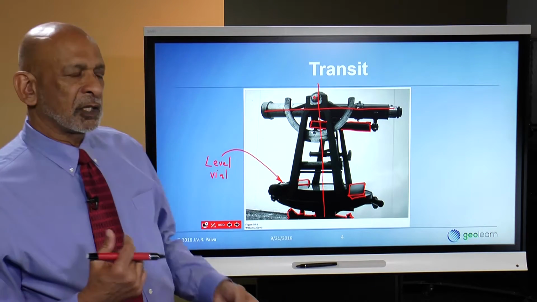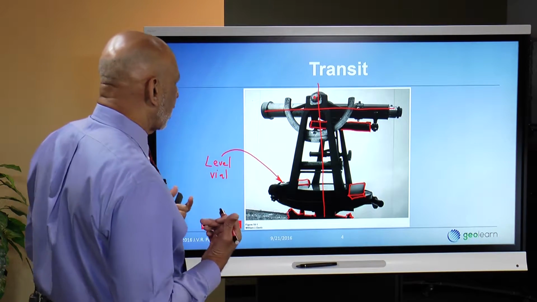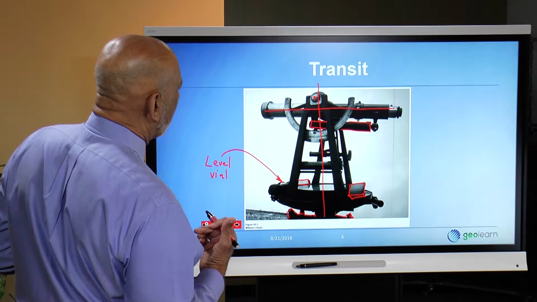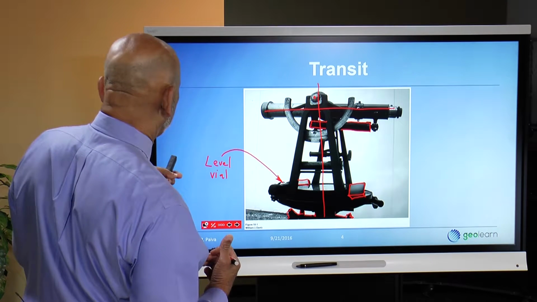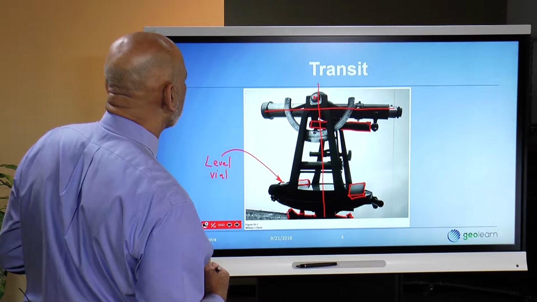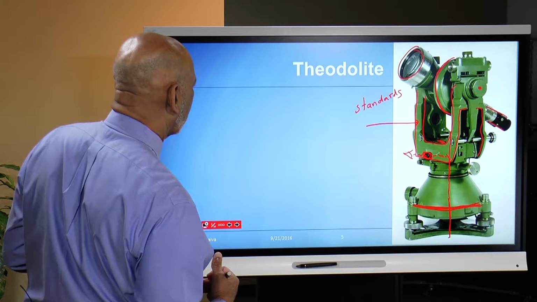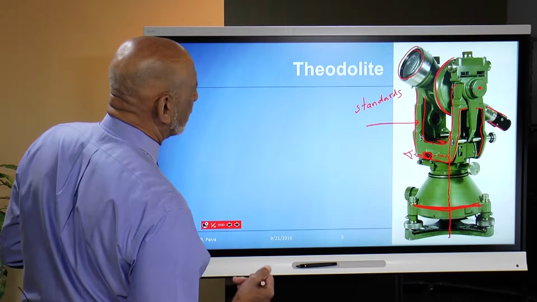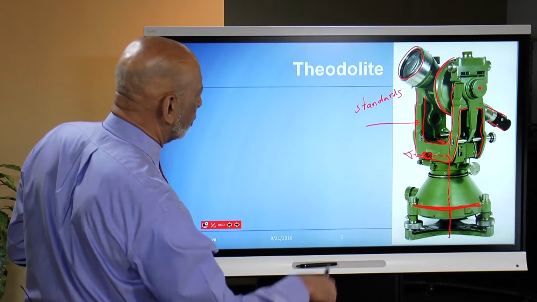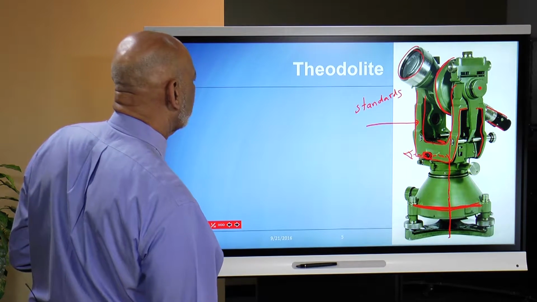As you can imagine, when you have wind and other things happening, a plumb bob can be somewhat inconvenient to deal with. And so one of the innovations with the theodolite was to have an optical system to enable you to center the instrument over the point.